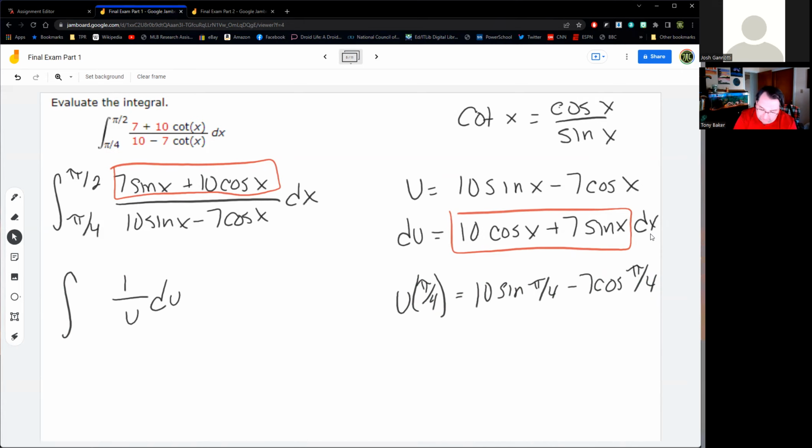It's square root of 2 over 2. So it's 10 square root of 2 over 2 minus 7 square root of 2 over 2. So I've got 10 minus 7, which ends up being 3 square root of 2 over 2.